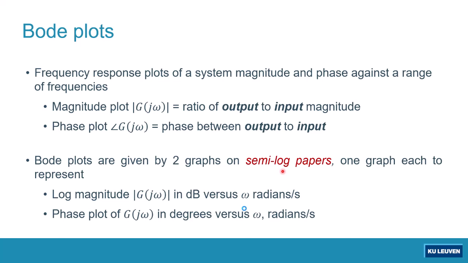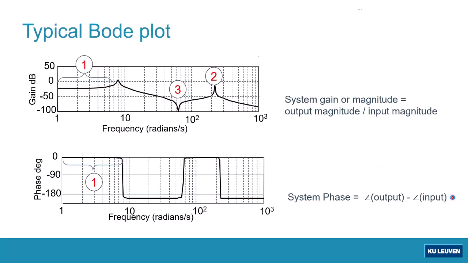Therefore, typically a Bode plot will look like this. As you can see, the horizontal axis is frequency in logarithmic scale, linear scale for the phase plot in the vertical axis, while the vertical axis for the magnitude is the gain or the magnitude in dB scale.